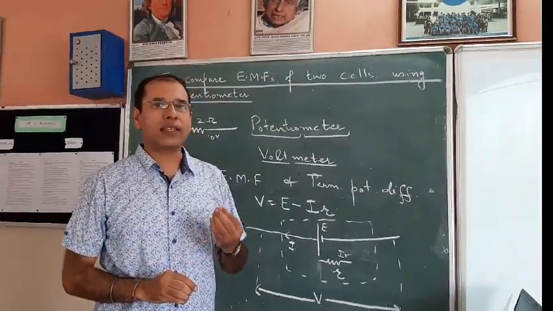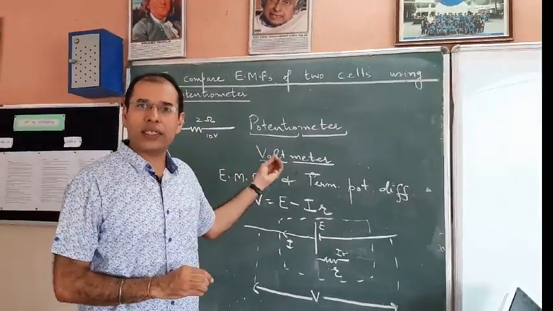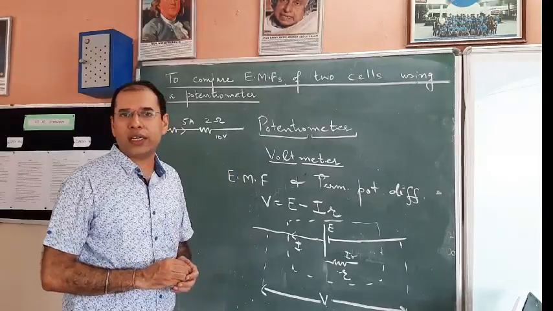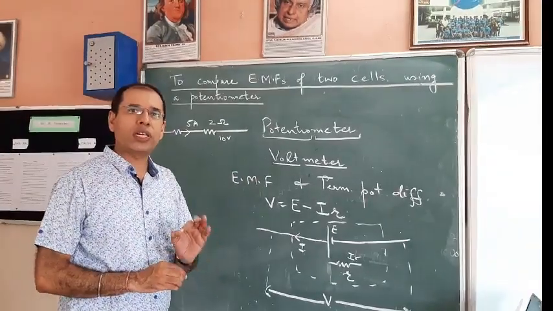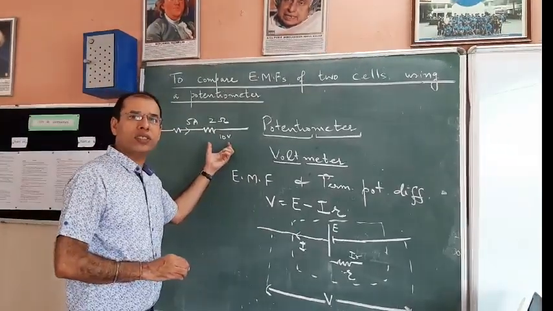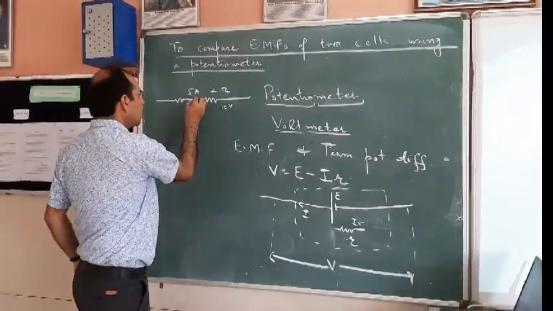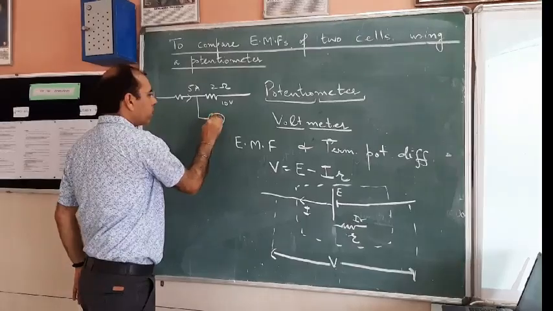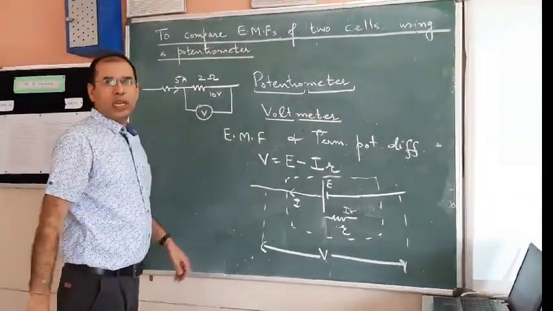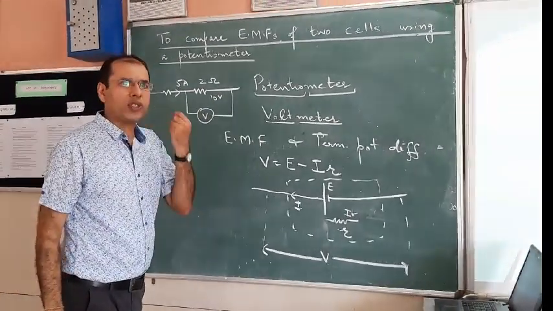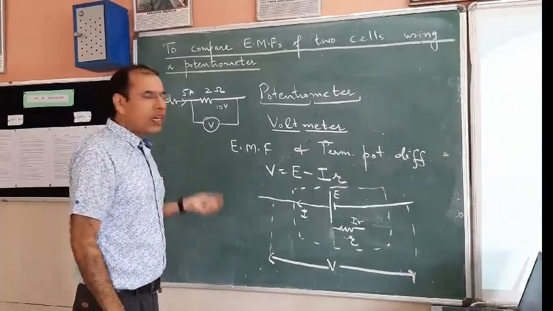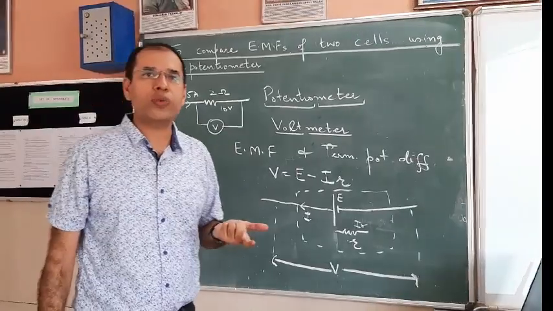There is no cell involved in this diagram that has been shown to you. Is the voltmeter capable of measuring this 10 volts? Let us see. Now we connect a voltmeter to it and let that voltmeter draw a very small amount of current from this circuit, because unless it draws some current, it is not going to measure anything.